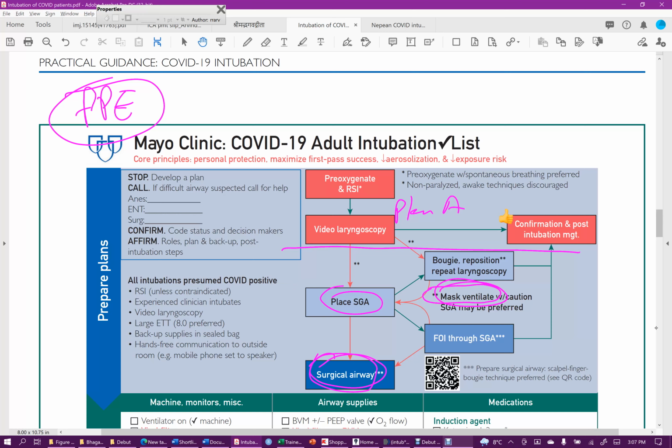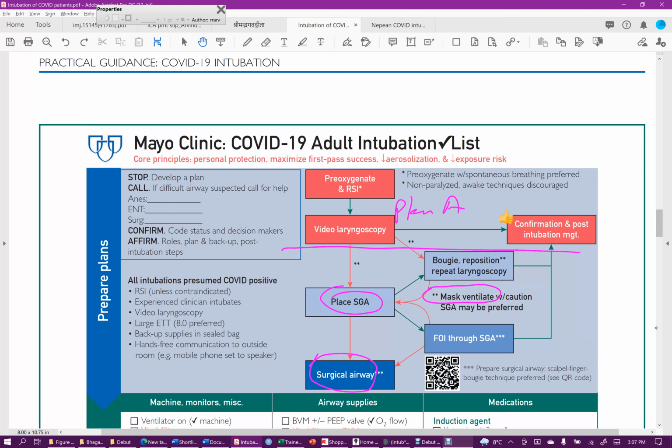That's number one. Number two, we are assuming here that a front of neck access or a surgical airway is actually going to be easier, or at least less risk of aerosol generation than bag and mask ventilation.